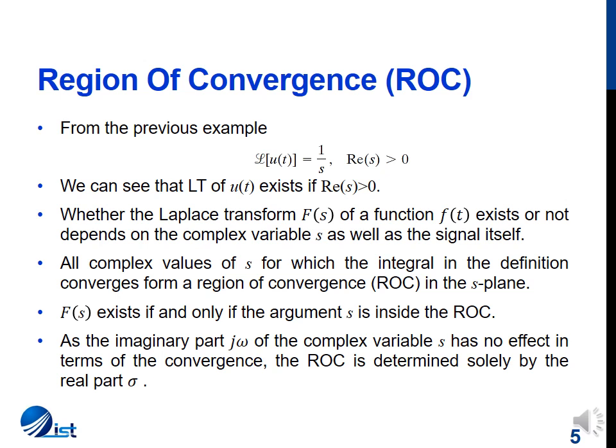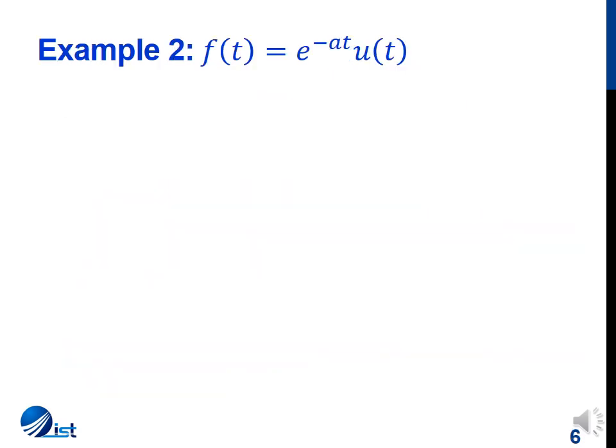So the ROC is determined solely by the real part, sigma. The region of convergence is a very important concept in the Laplace transform, and given a Laplace transform and the region of convergence, we can determine what type of signal we are dealing with.